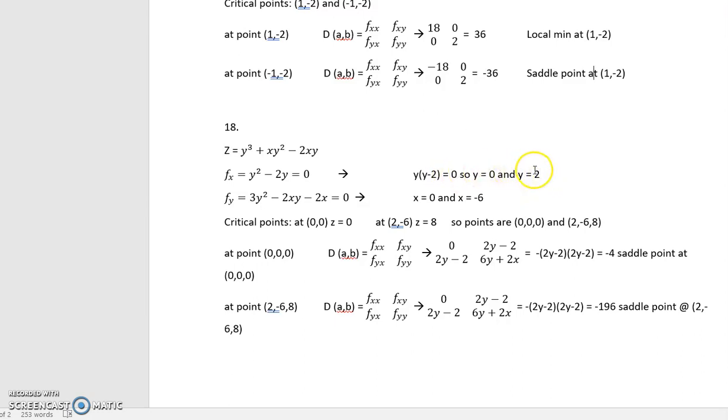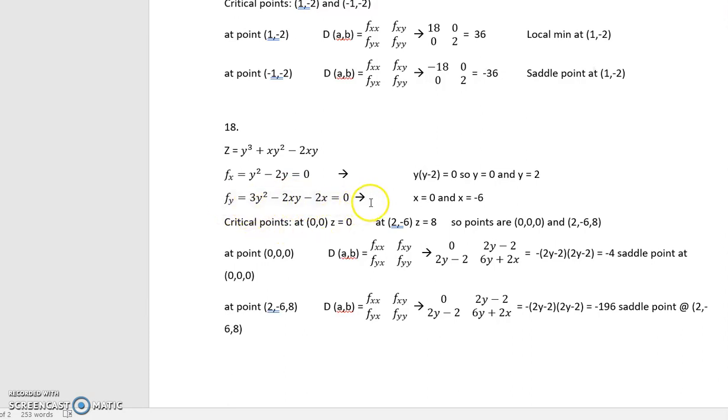So we're going to plug in 0 into f_y to solve for x. So we have 0 over here, and 0 over here. And then we have minus 2x is equal to 0, so x is equal to 0. Then we can plug in 2 over here. So we have 12 over here, minus 4x over here, and minus 2x over here.